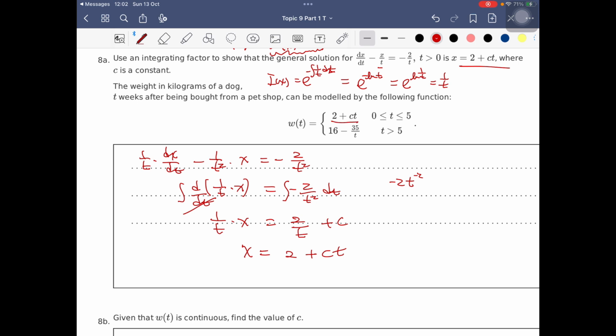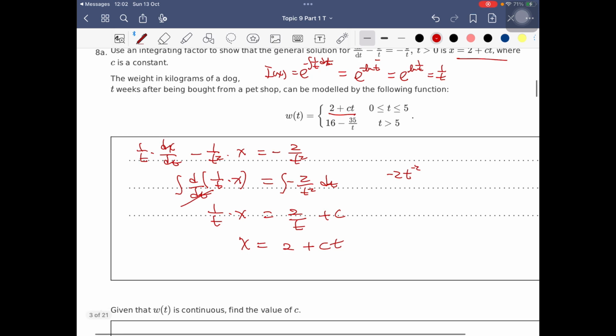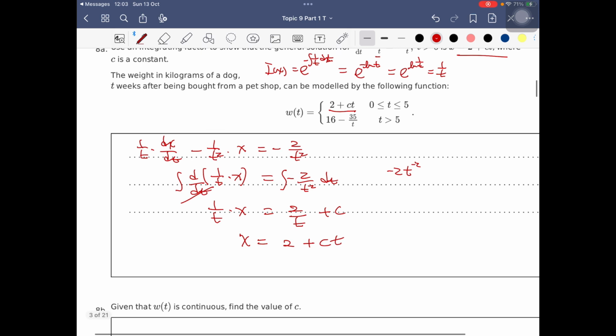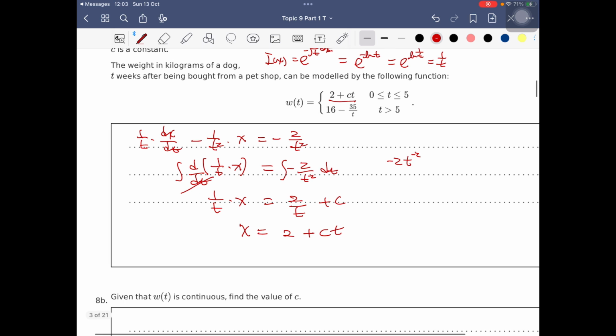So the next one. This is what we found. Maybe it's linked to the next question. So now this is the weight of the dog 2 weeks after being bought from a pet shop. So W(t) continuous. So continuous should be equal when t is 5. So which value on both sides is approaching?